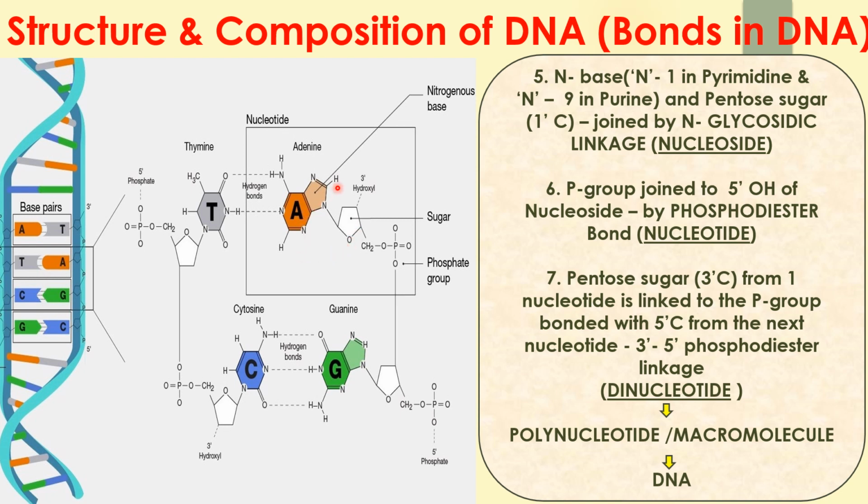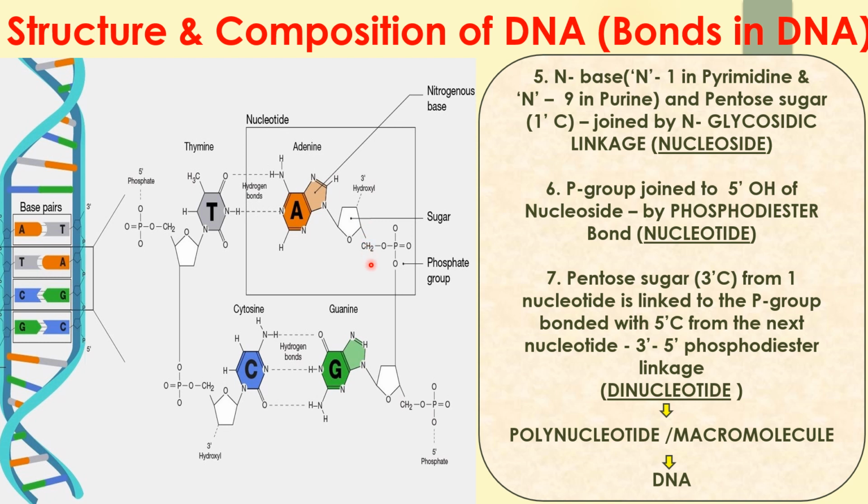So here also nitrogenous base plus pentose sugar is equal to nucleoside. You know very well now, nucleoside must be linked with the phosphate group. So another phosphate group is also linked to it. Same as here, the phosphate group is linked to the nucleoside over here. How is the phosphate group linked? See here, 1, 2, 3, 4, and 5.